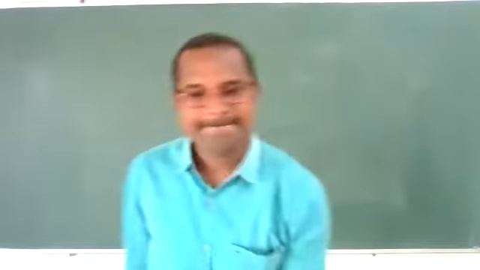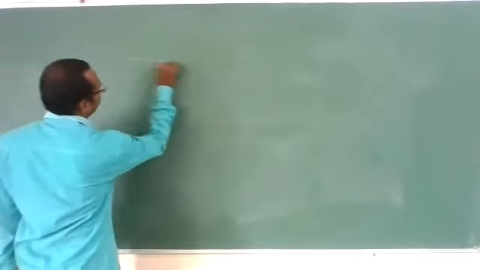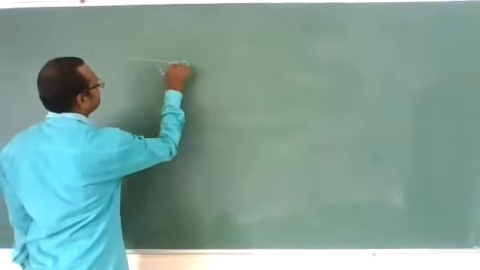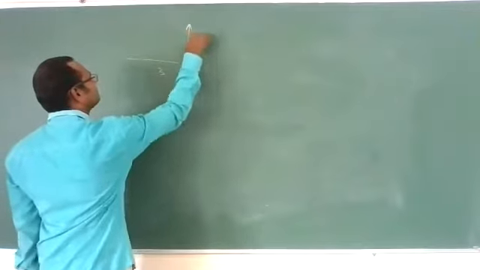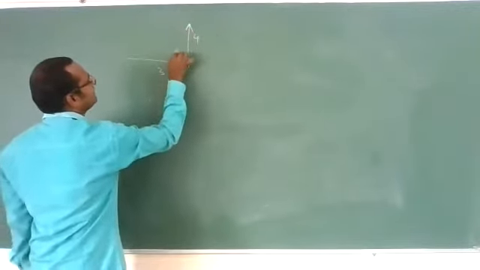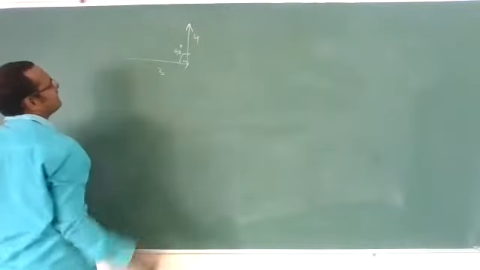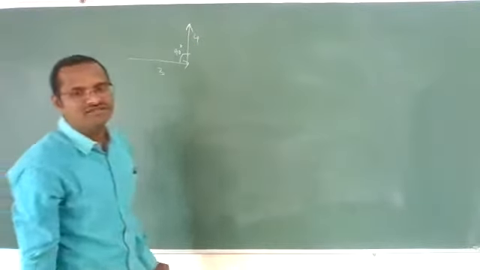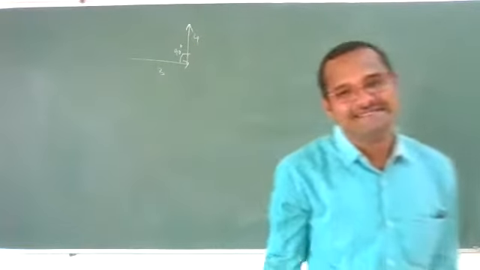Now I take one more. The angle between these two is 90 degrees. I am taking two vectors, 3 and 4. What will be the resultant?